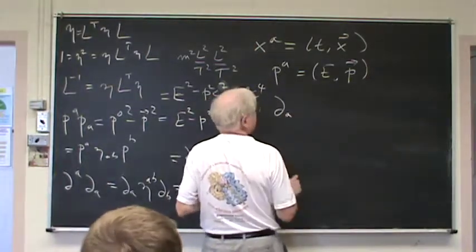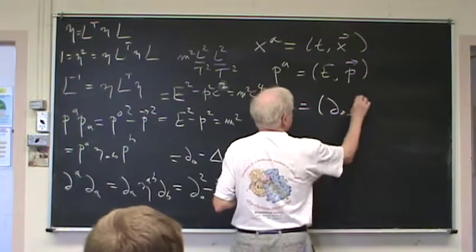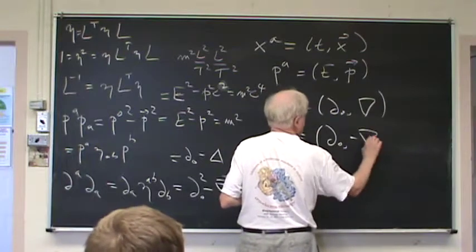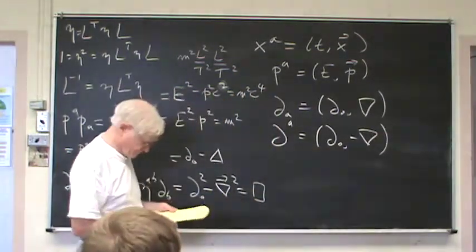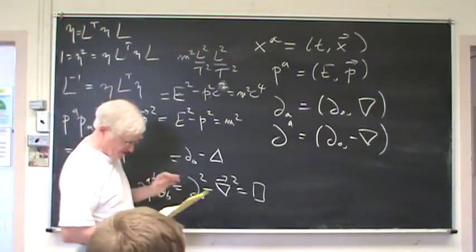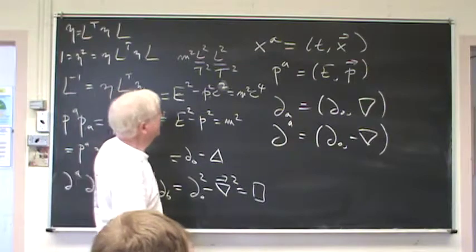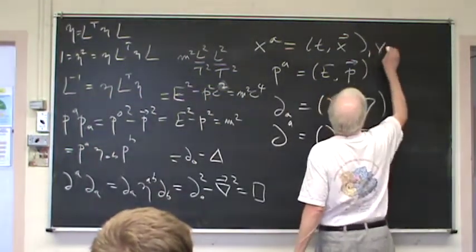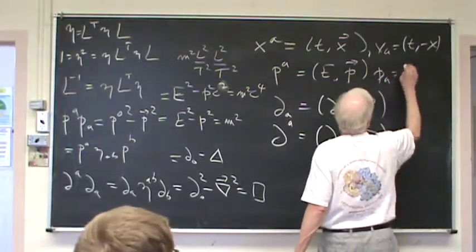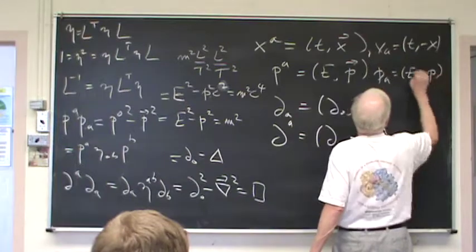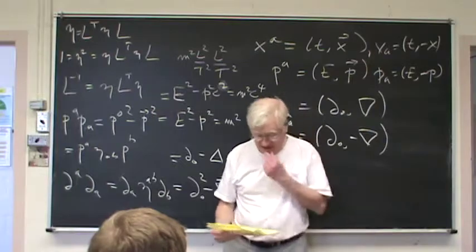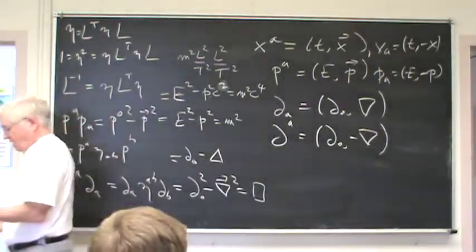Derivatives, on the other hand, are naturally down, so this is d0, grad, and d up is d0, minus grad. Of course, I'm doing all this in Schwartz's metric, so every now and then I'll screw up the sign. Now, what about x lower A? Well, x lower A is (t, minus x). p lower A is (E, minus p). That's basically the whole story.